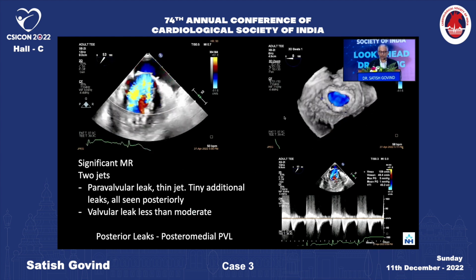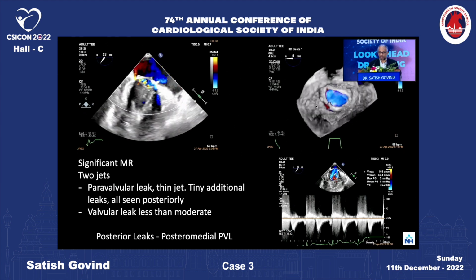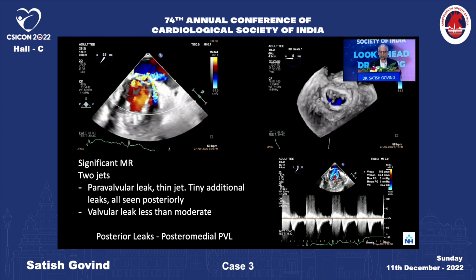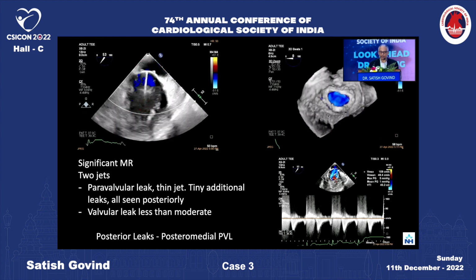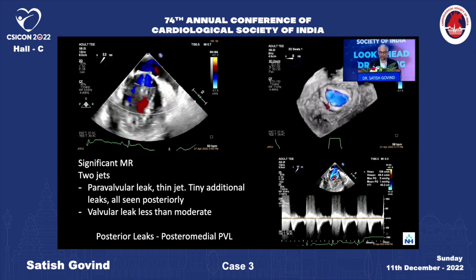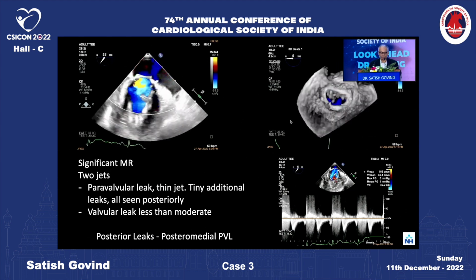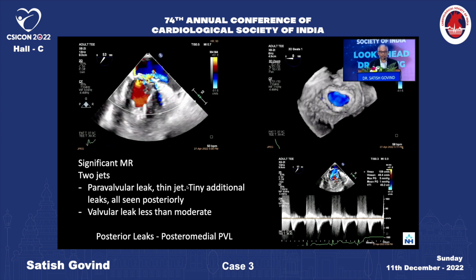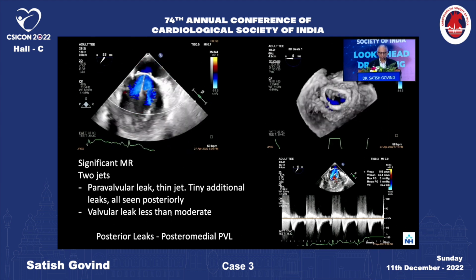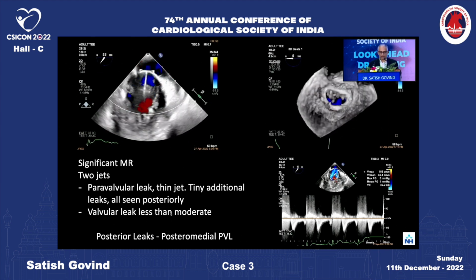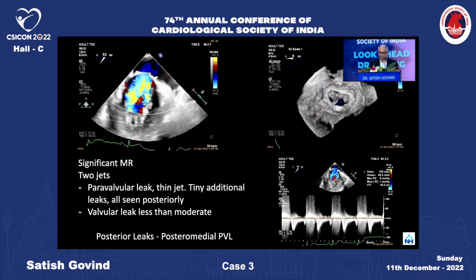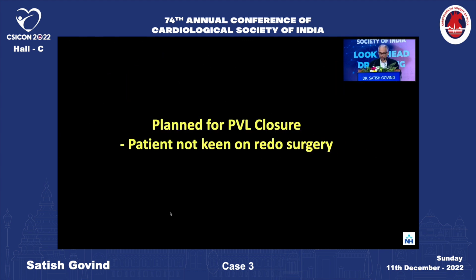And if you look a little closer, I'm not sure whether you can see it on the screen, but there are small tiny jets coming along this posterior arc here. So multiple small wisps, some puffs that are coming over there. So this was a significant MR, two jets, paravalve leak, and that was the one which was causing the hemolysis. And the gradients were not elevated.